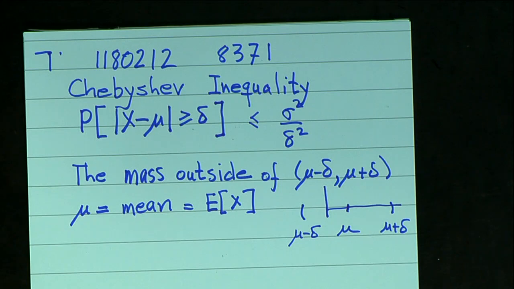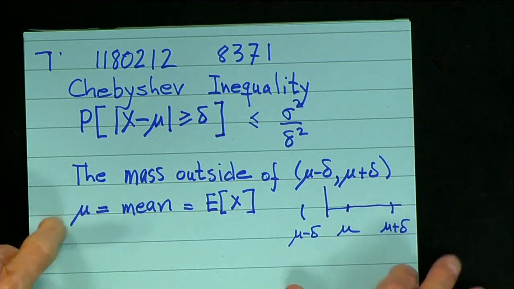Right? So this is mu minus delta, this is mu plus delta. When you have a mean there, it's always kind of confusing.